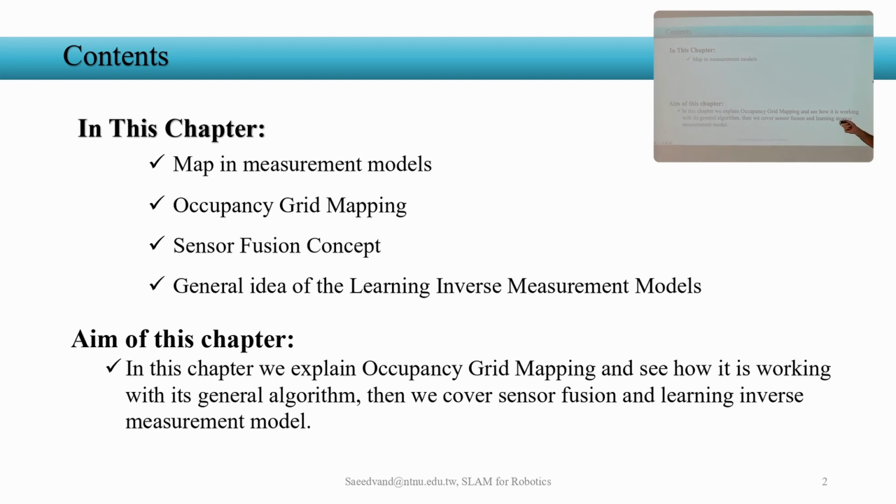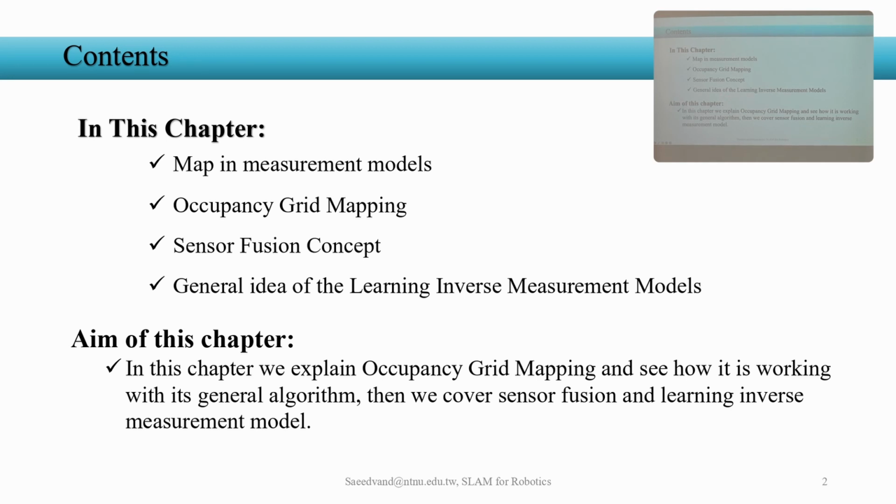First of all, we will talk about maps and measurement models. Then we will talk about occupancy grid mapping. Then we will talk about sensor fusion, and if we have multiple kinds of sensors, what the general techniques are to fuse the different kinds of sensors together in order to use them for constructing the map.